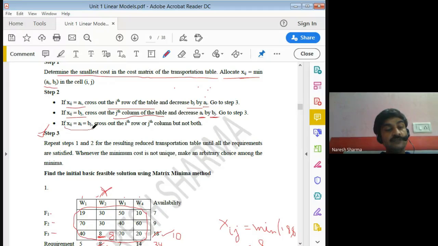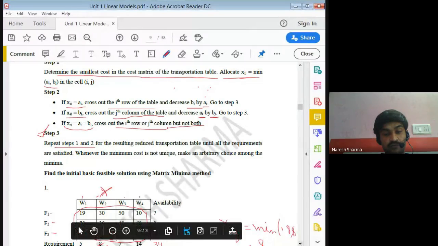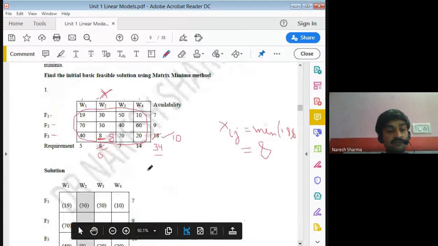If xij equals both ai and bj, then cross the ith row or the jth column; you can choose any one of them, not both. Now go to step 3. Step 3 just says repeat steps 1 and 2, and similarly you can complete all availabilities and requirements. So now we can apply it to our problem.